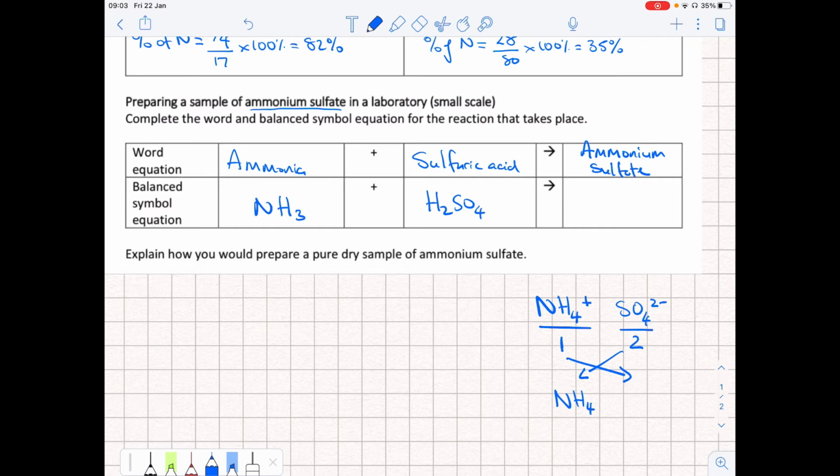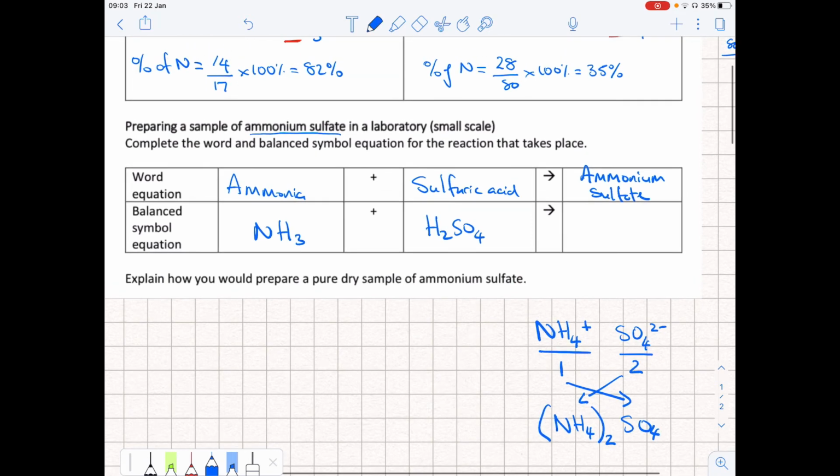The NH4 is going to get the 2, so in order to represent that, I need to put that in brackets, put the 2 here, and then the sulfate, SO4, gets the number 1, so I just leave it as SO4. So the overall formula for ammonium sulphate is (NH4)2SO4.